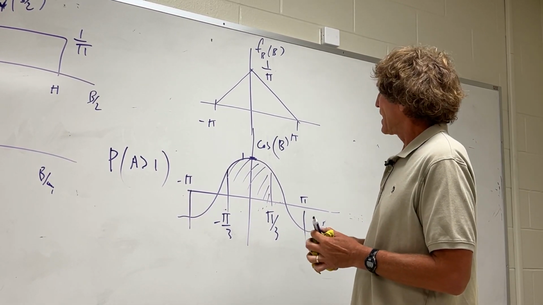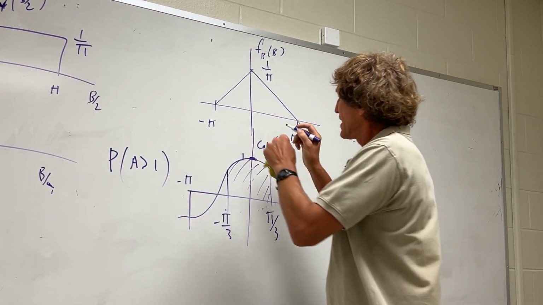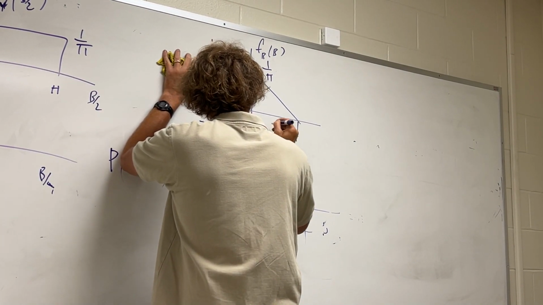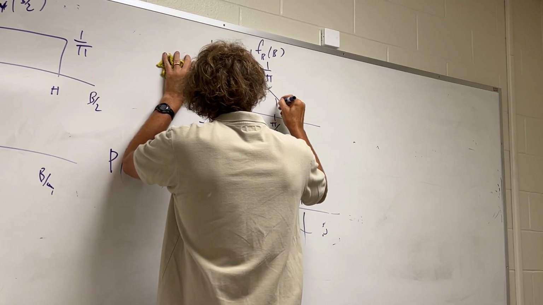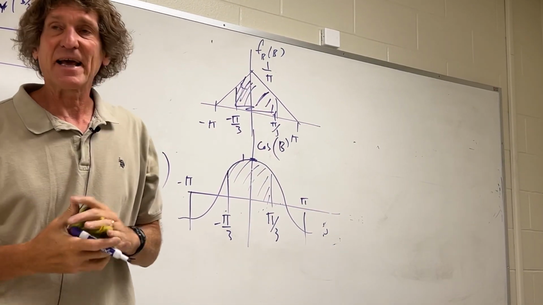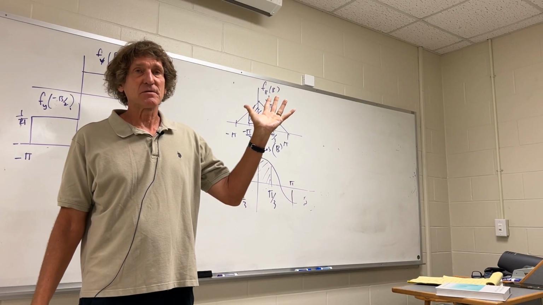And actually, I'm showing you, it's actually the area here. So it's minus pi over 3 to pi over 3. We need this area. Can you all follow me, class, on this one? That's really going to be the probability that A is greater than 1/2. How many see this right here? Spent a lot of time on this one. I'm sorry I'm spending.